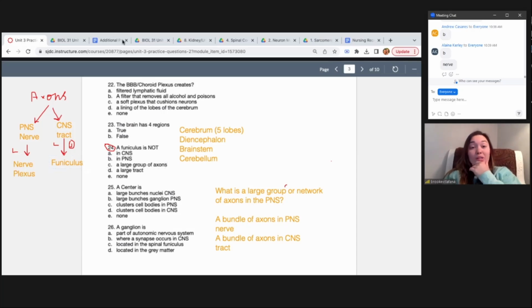Okay, we're about to do the next part, which is going to be cell bodies. Let's answer question 25, and then I'll draw the little diagram over on the left. So a center is which of these? What is a center?